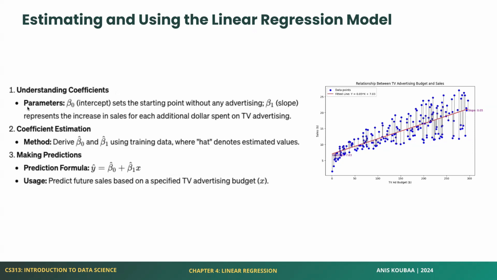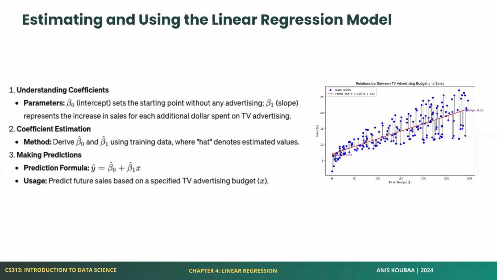The parameter beta 0 is called the intercept, and you will find this in any linear regression example. Even when we work in Python and you see the result of the optimization, you will find intercept and slope. The slope, of course, is the slope of the line, and the intercept is the intersection with the Y axis, where X equals 0.